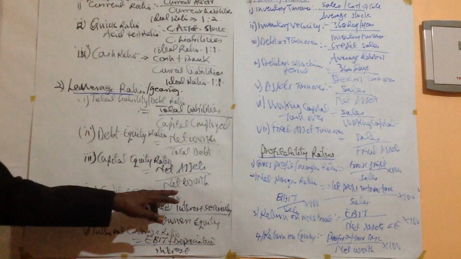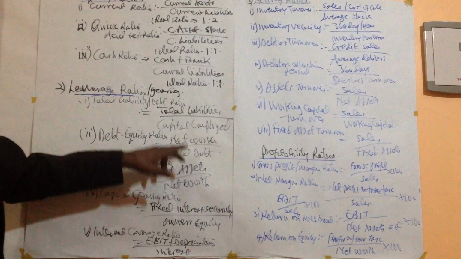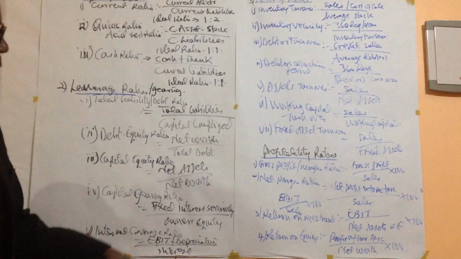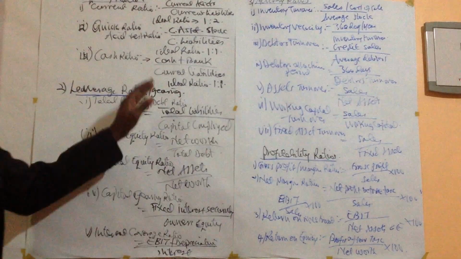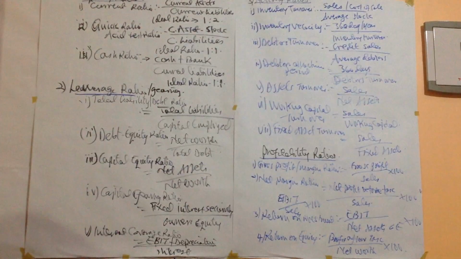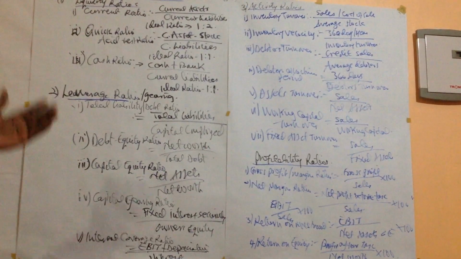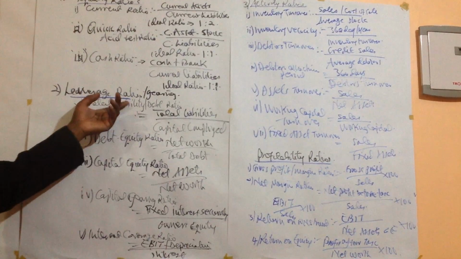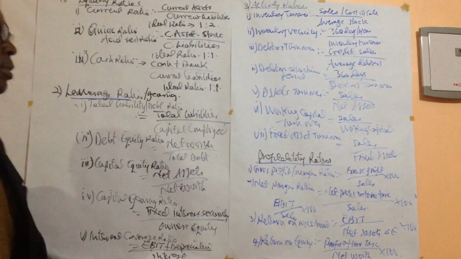That's why in each case you'll see our capital, the net worth, the net assets, the owner's equity, and then the interest you're paying out. All this assesses how much of whatever we have is going out. If you have so much debt, then whatever profit is generated will go to paying the cost of the loans you're taking from outside. So that's the gearing ratio.